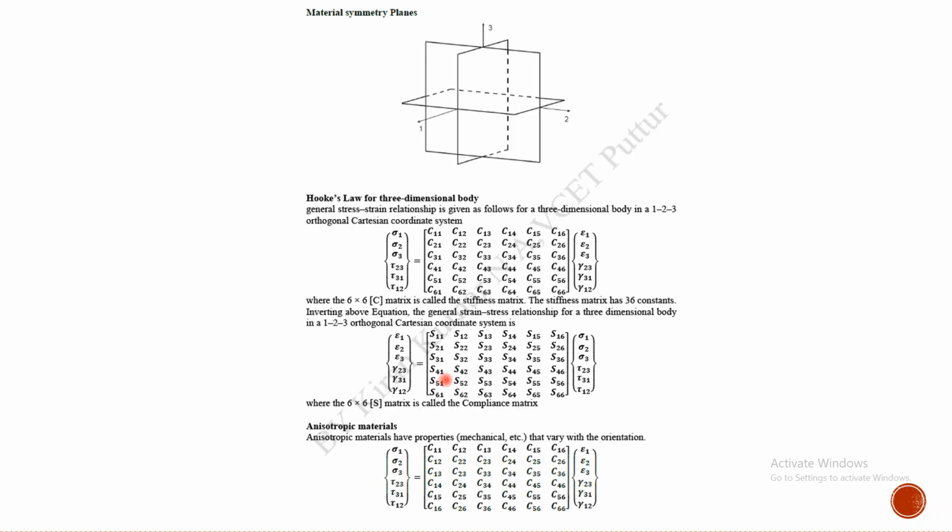Next, by considering these stress factors, let us look into the type of materials that we'll deal with today. In order to observe the material symmetry, we should have the material coordinate system or the material planes. This image represents the material coordinate system, where we have the three axes 1, 2, 3.